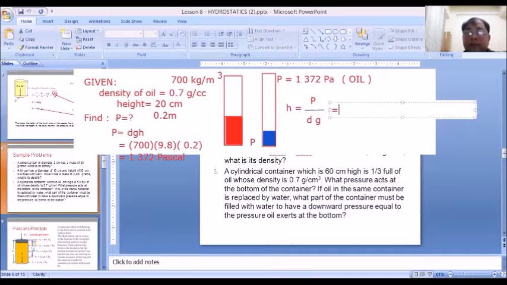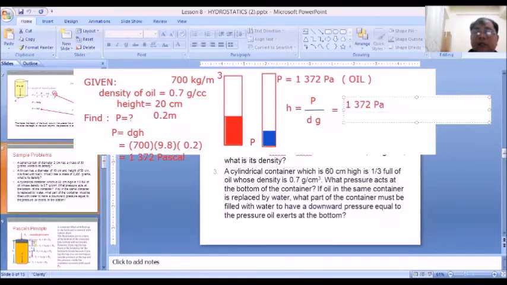So the pressure is the same, 1372 PA, Pascal. But in our denominator, we will make use of the density of water, which is 1,000 kilogram per cubic meter.